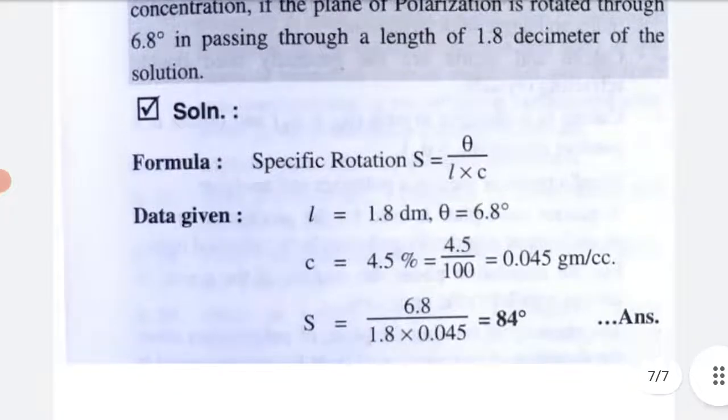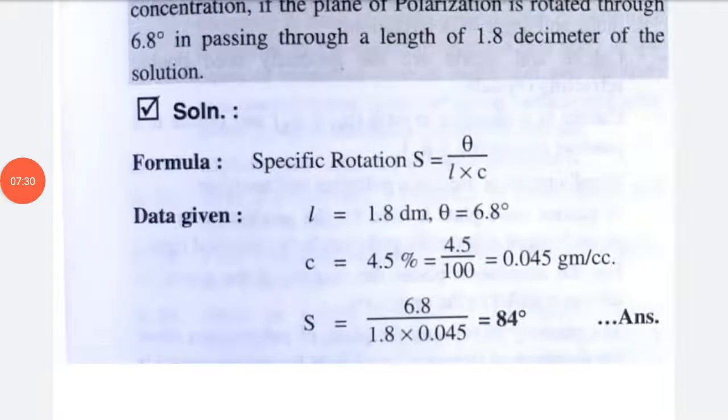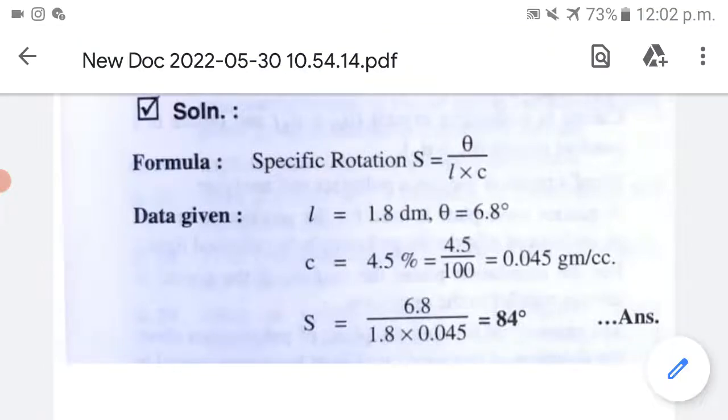We know the relation specific rotation is equal to theta upon L into C. Then L is equal to 1.8 dm, theta is equal to 6.8 degrees, and the concentration is 4.5%, which is 4.5 upon 100, equal to 0.045. Then specific rotation is equal to 6.8 upon 1.8 into 0.045, which is 84 degrees.